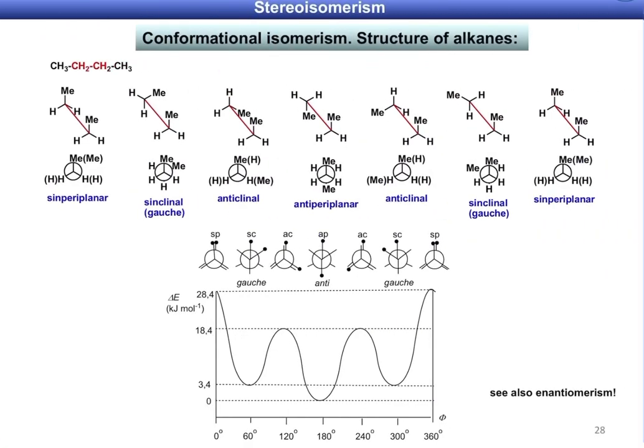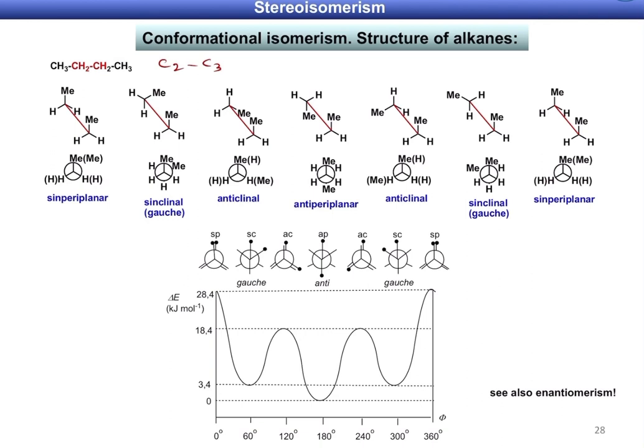But if we study the conformational isomer of, for example, butane, between C2 and C3 rotation, because it's very important.